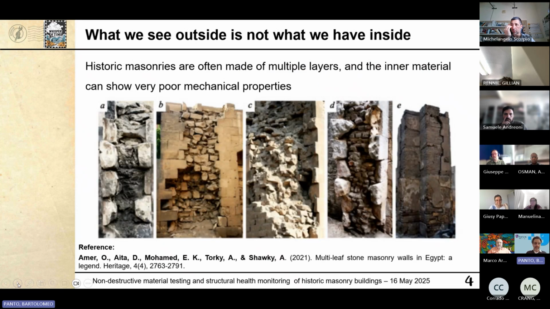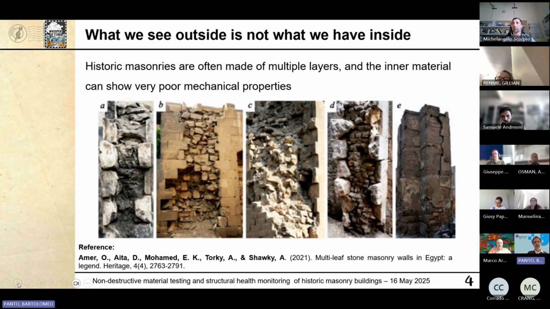Another quite challenging problem, but very common for historic structures, is that it is very rare for walls to be solid material. Even though we have a significant thickness of the walls, the real good masonry is generally outside, in the two leaves close to the external faces of the wall.